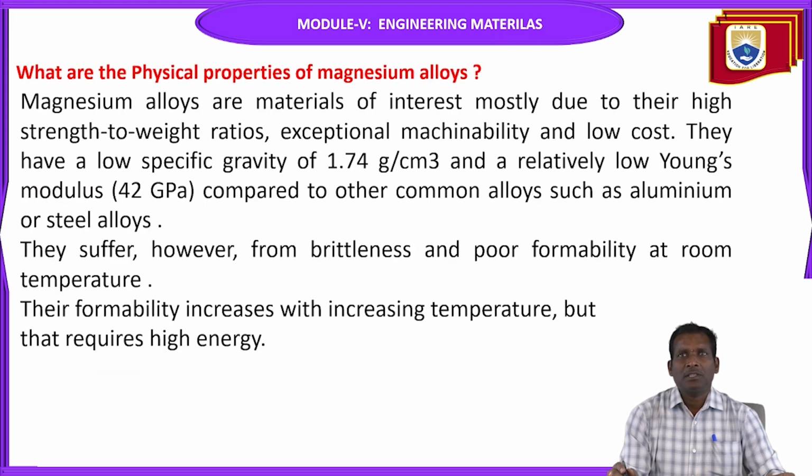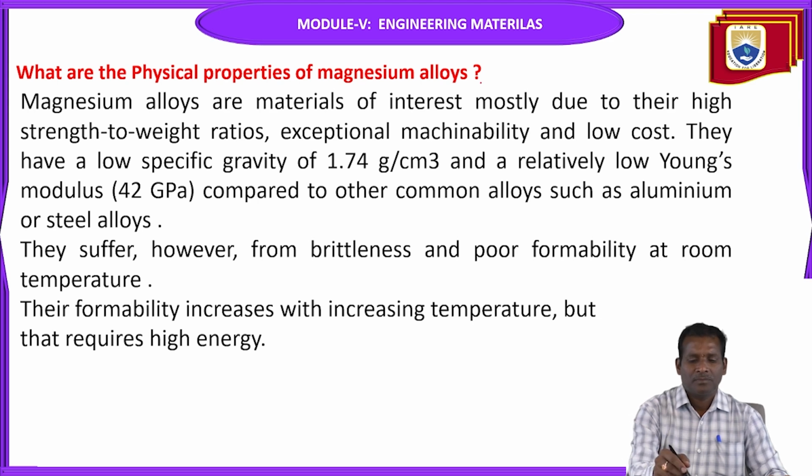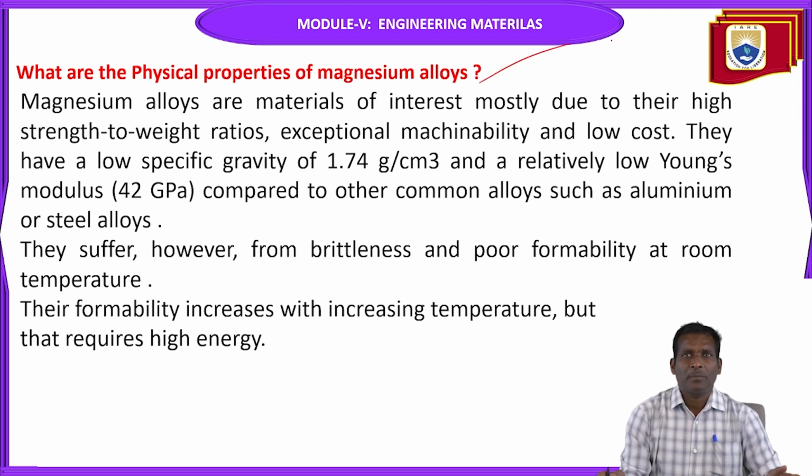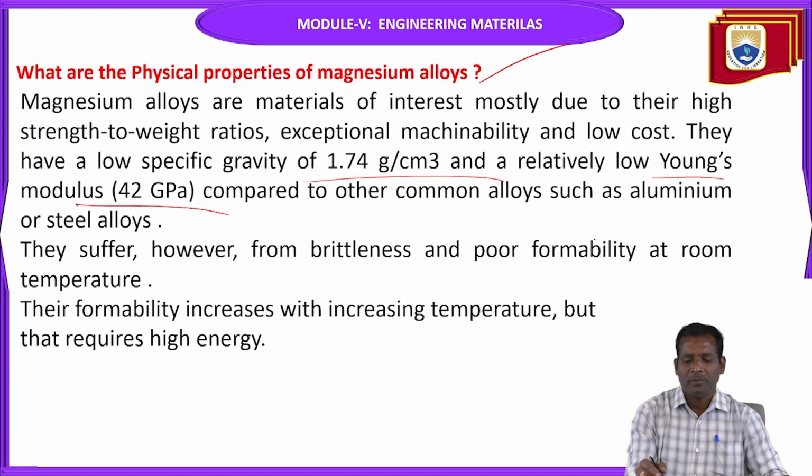What are the physical properties of magnesium alloys? The magnesium alloys are materials of interest mostly due to their high strength to weight ratio, exceptional machinability, and low cost. Another reason is their low specific gravity, 1.74 gram per centimeter cube, and a relatively low Young's modulus, 42 gigapascal, compared to other common alloys such as aluminum or steel.